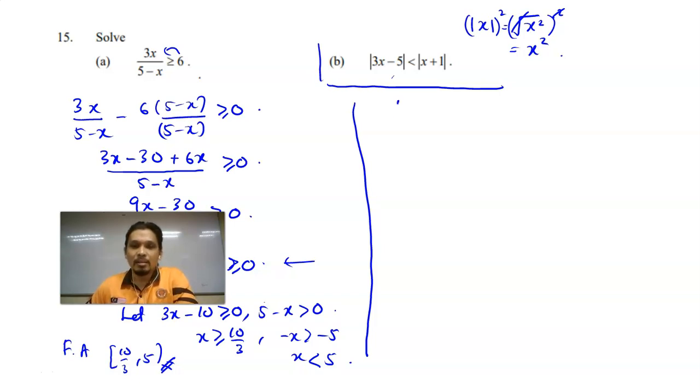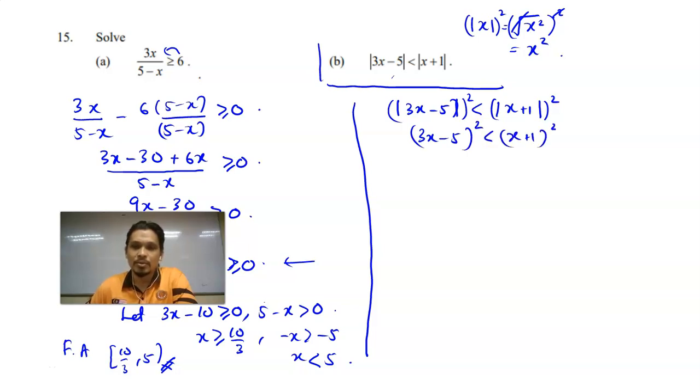So the modulus of 3x minus 5 less than the modulus of x plus 1, square left and right. Okay, so we come up with (3x minus 5) squared less than (x plus 1) squared.